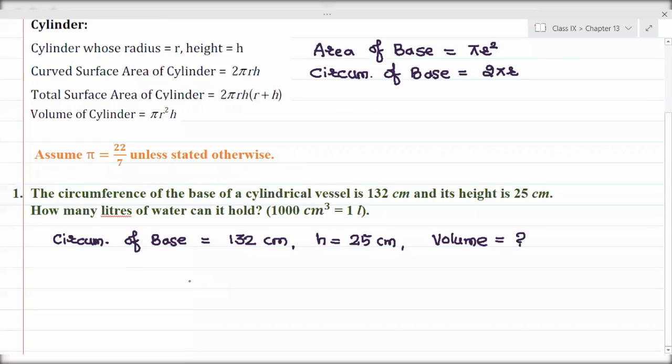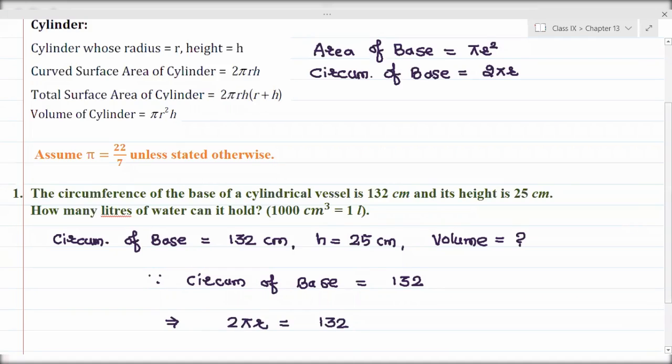First of all, we shall write down: since the circumference of base is equal to 2 pi r, and the given value is 132, we shall apply the formula. Circumference of base is 2 pi r is equal to 132.